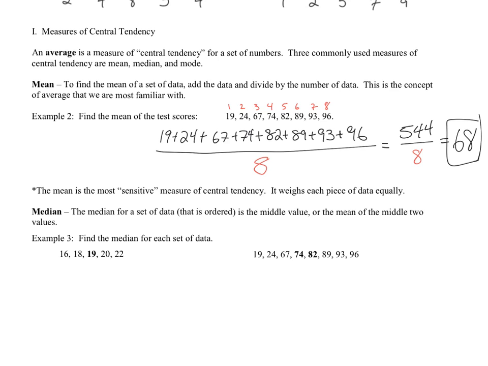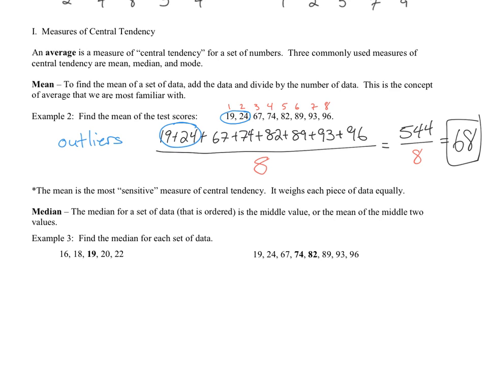Do you think that's a pretty good average for a set of exams? I don't think so. So why is this average so low? Does that mean the entire class did horribly bad? No. If you take a look at these two numbers here, 19 and 24, these are what we call outliers.